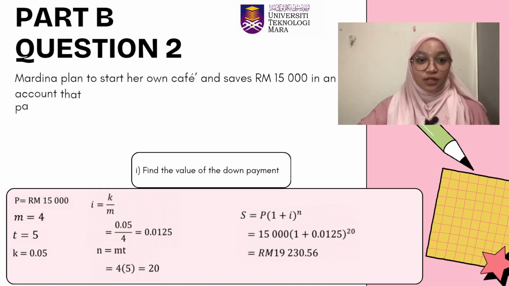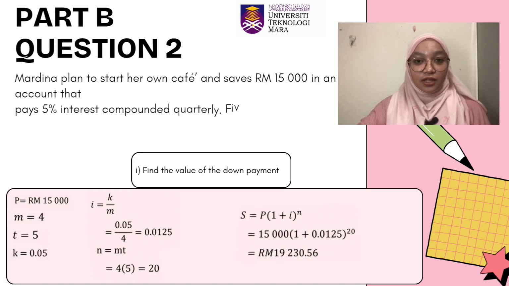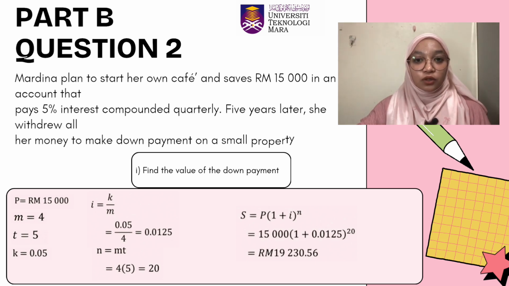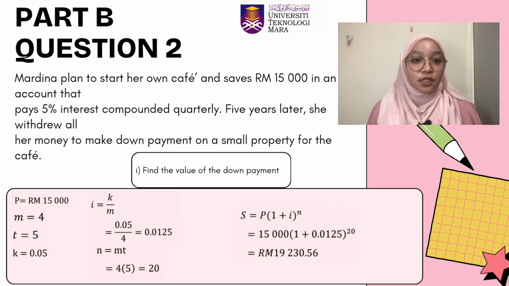Now we are going to answer question 2. First thing first, we should list down the information given, which is P equals RM15,000, n equals 4, t equals 5, k equals 0.05. Next, we can substitute the value of i using the formula i equals k over m, and we got the answer of i is 0.0125.